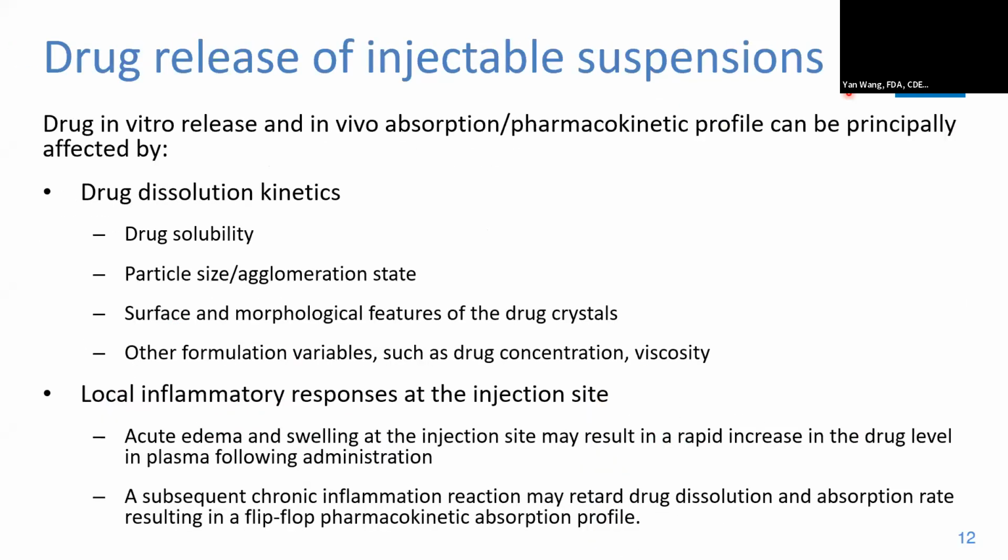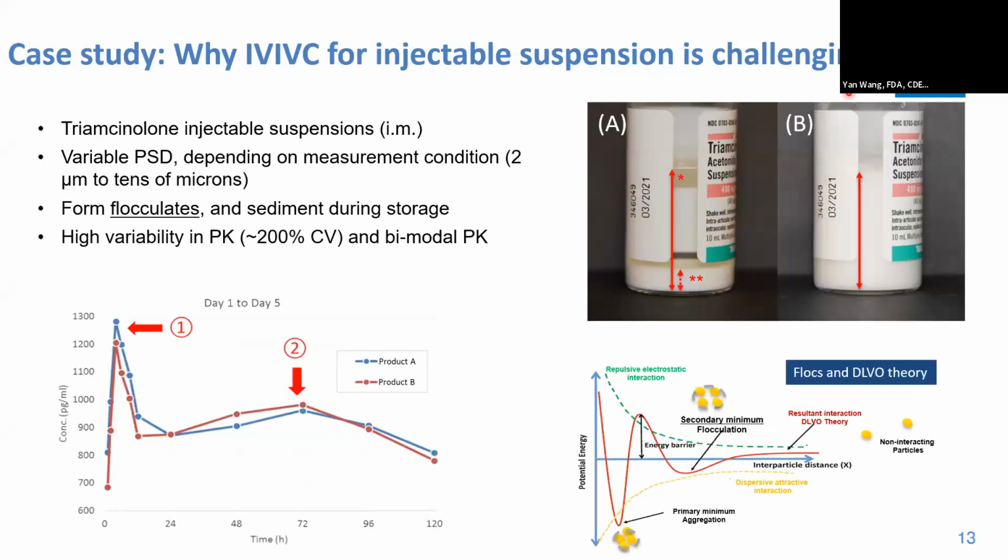For the next few slides, I'm going to dive into my case study to highlight why IVIVC for injectable suspension is challenging. I'm using triamcinolone injectable suspension as the model product. The picture here shows the triamcinolone acetonide product on the shelf.